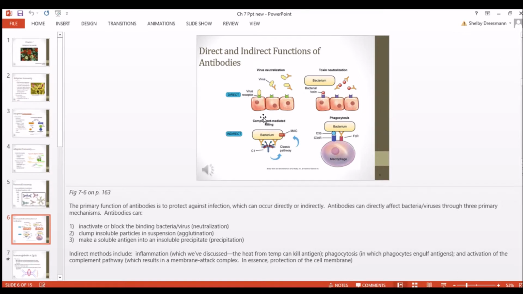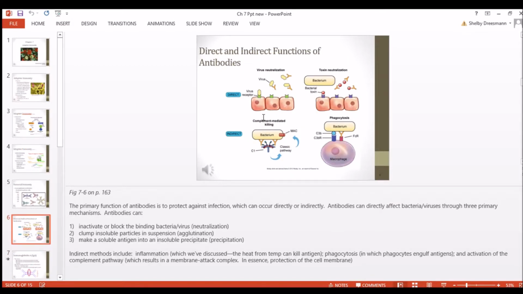Also, there is precipitation, which is making a soluble antigen out of an insoluble particle. So we're turning ice into water, basically, so our neutrophils can sweep it up easily.